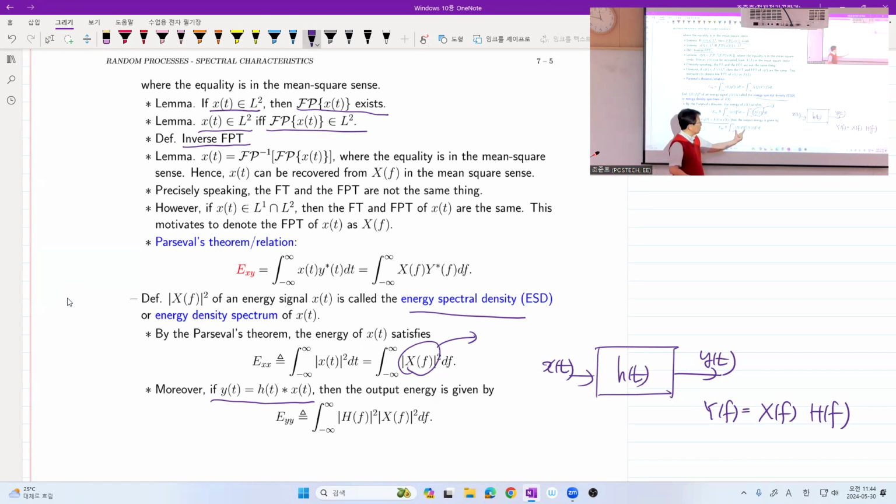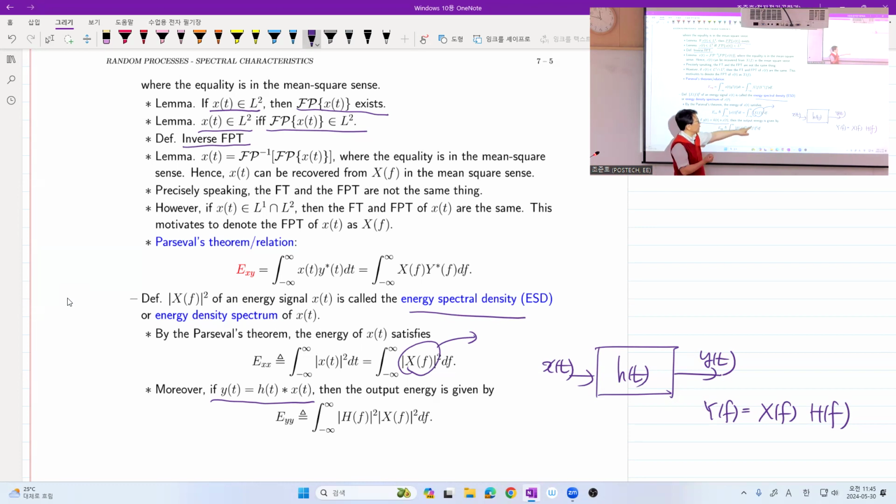Now, let's consider a very narrow bandpass filter, H of f. Then what does that mean? This energy is the filtered version of the signal at that specific frequency. And that really means the contribution of the signal at that frequency to the total energy. What is that? That is X of f evaluated at a specific value.